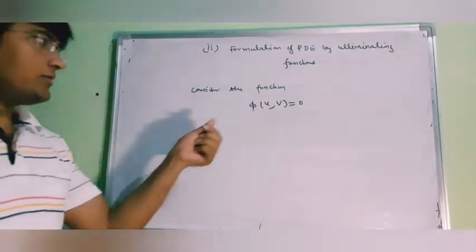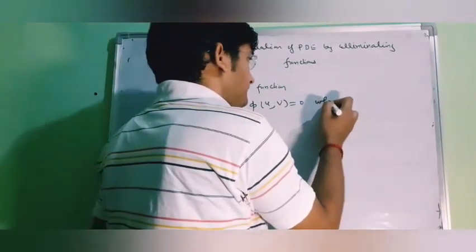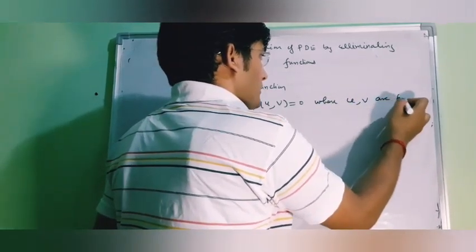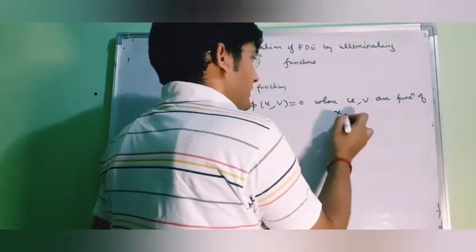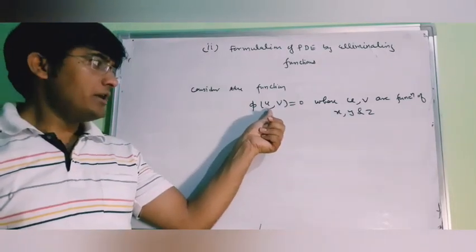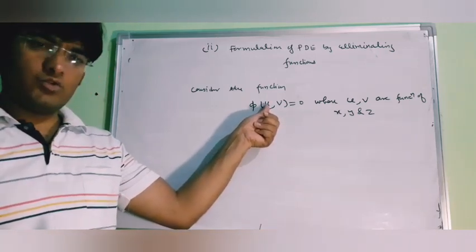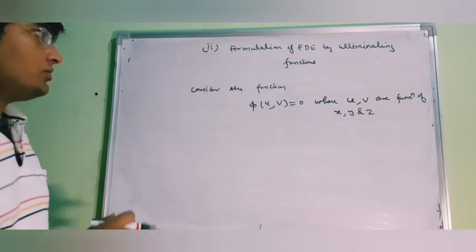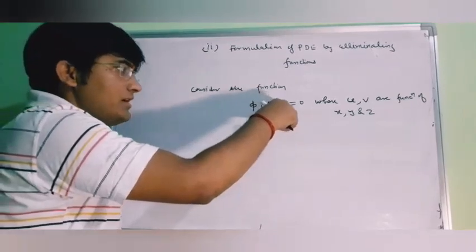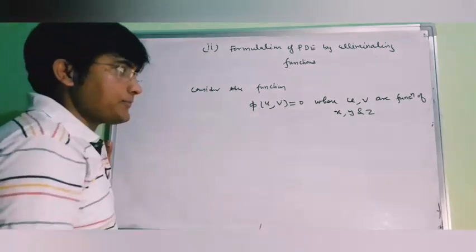That means we have a function of u and v, where u and v are functions of x, y and z. So if the type of function is some function of x, y and z, comma another function of x, y and z, then we will try to eliminate this function phi.